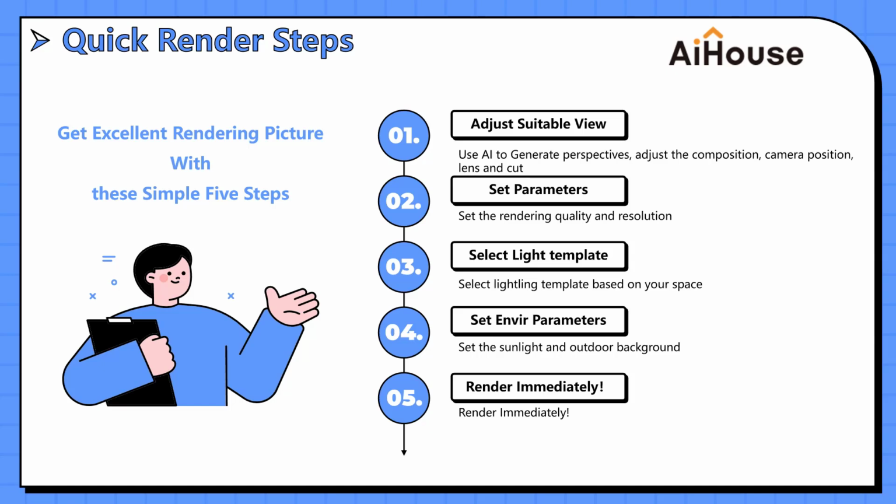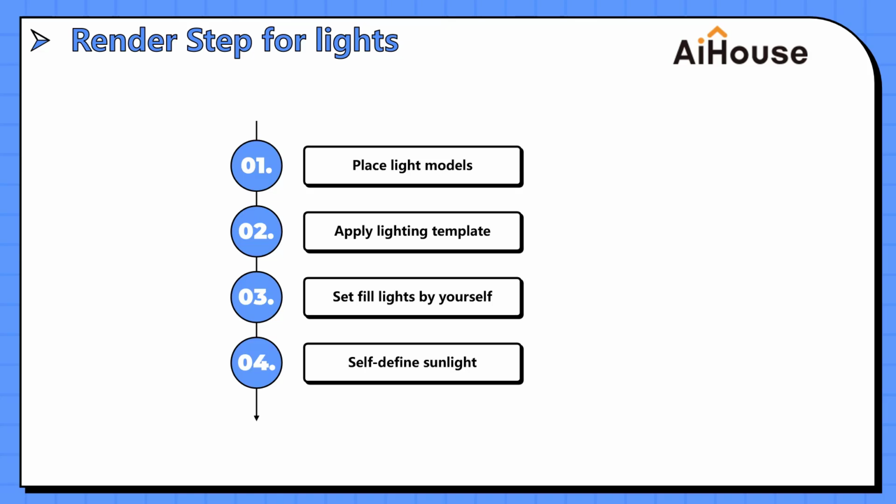Next, focus on adjusting the walkthrough wheel and setting parameters, selecting light templates, setting environment parameters, and getting our render and beautifying the rendering picture. However, in today's topics, we will mainly focus on the light and also other functions that we didn't mention before. So now, focusing on the lights, the rendering set can be divided into 4.